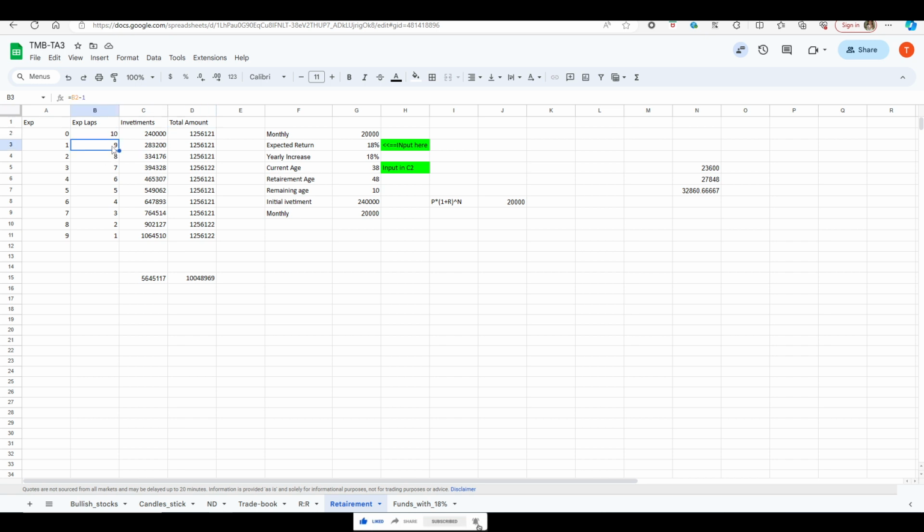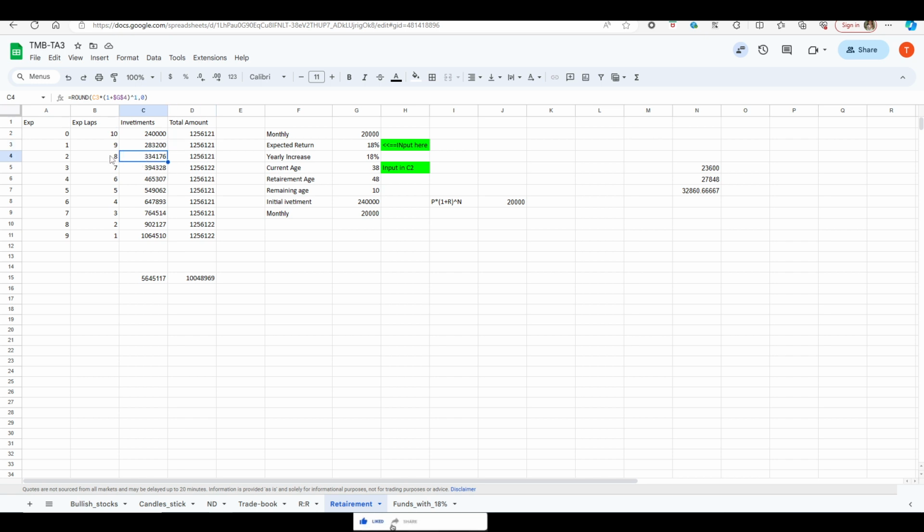The second year I am investing, from today 9 years, right? 9 years we are going to hold. So for the 9 years, for this amount 2.8 lakhs, for the 9 years, if we get the 18% return after 9 years, it is going to become 12 lakhs 56,121.